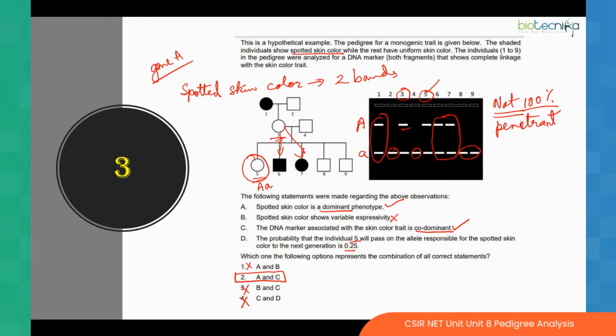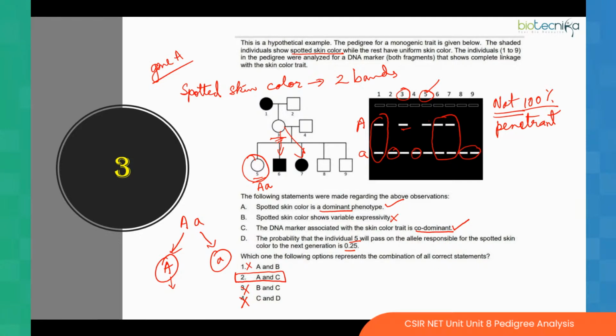So if the genotype of individual 5 is capital A small a, then in the next generation, what will capital A small a do? It will produce two different types of gametes. Half of them will have the capital A allele, the other half will have the small a allele. If capital A is passed on to the offspring, they will have the spotted skin color. So what is the probability that 5 will pass it on?